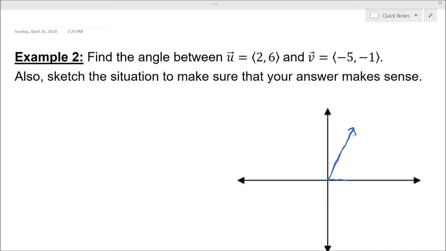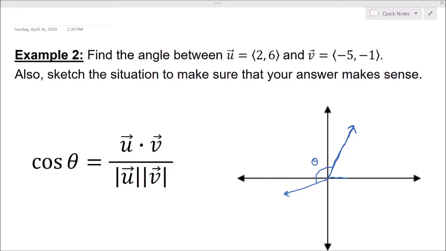And then v is (-5, -1), so left 5, down 1, so maybe something like this. And again, the angle between the two vectors is this angle right here, theta. And notice that this angle is obtuse, as in it's a big angle. It's bigger than 90 degrees. So our final answer then should be more than 90 degrees, right?